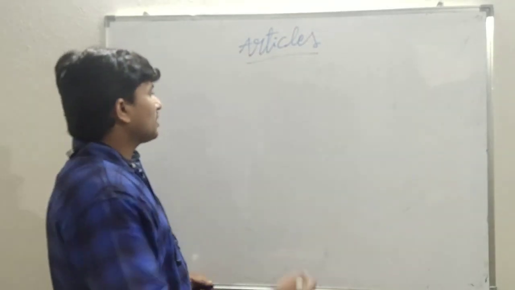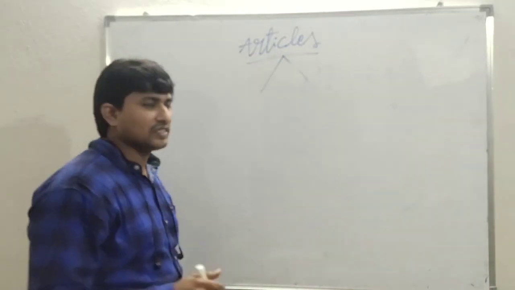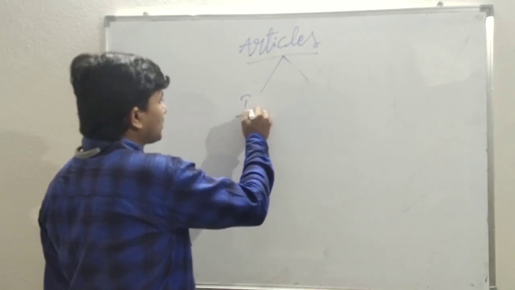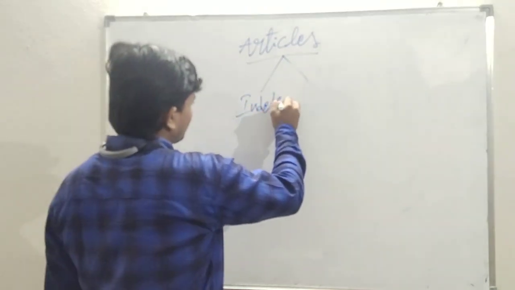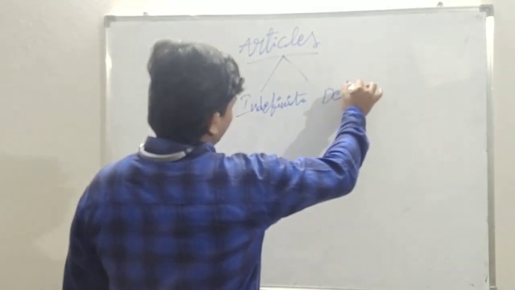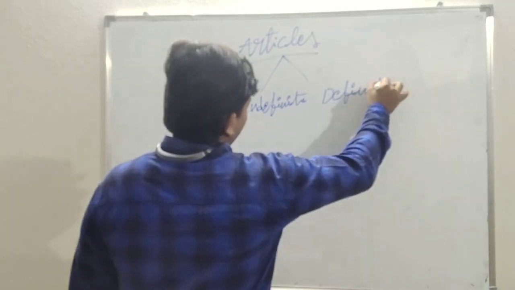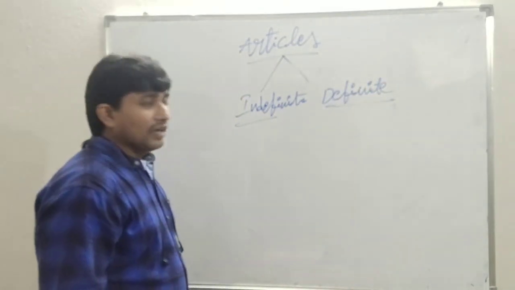Articles can be known in 2 ways: indefinite and definite. So there is the indefinite article and the definite article.